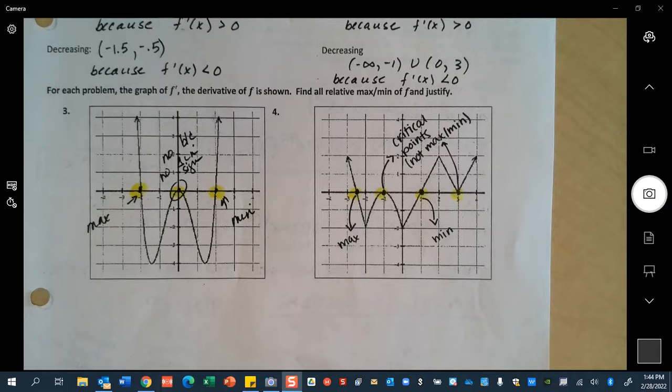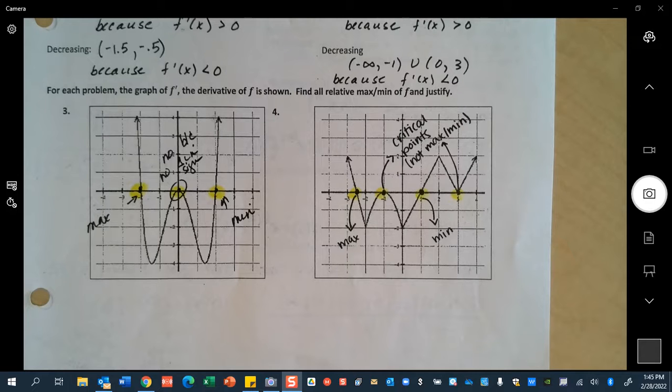Okay. So here we have no sign change. My derivative was negative, and then it zeroes out, and then it becomes more negative. So on a graph that looks like that, if my derivative is negative, my graph is falling. If it hits 0 and then goes back down again, that's not going to be a local minimum or maximum. That's just a place where the graph kind of stalls out.